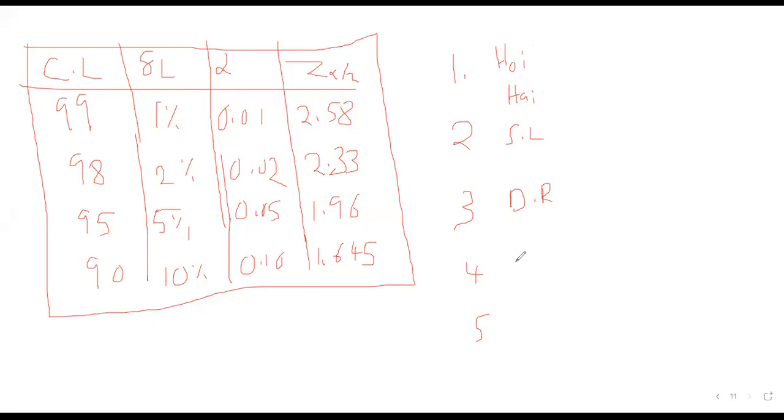And the fourth step, you need to calculate our Z calculated, which is given by X minus mu divided by our standard deviation over the square root of n. We only use Z when our sample size is greater than 30. Otherwise, we use a t, to explain later on. In step 5, make a conclusion.